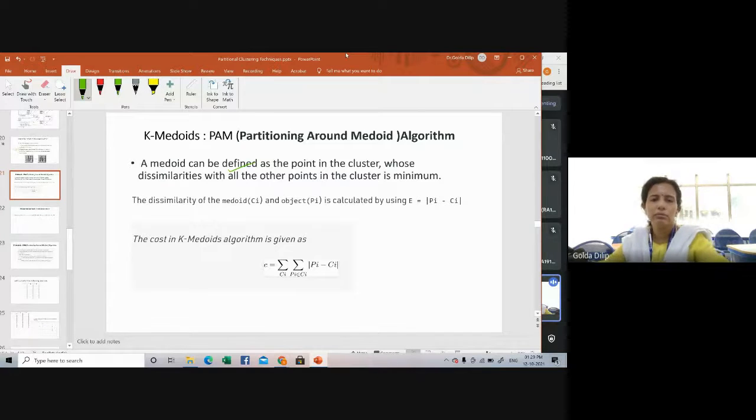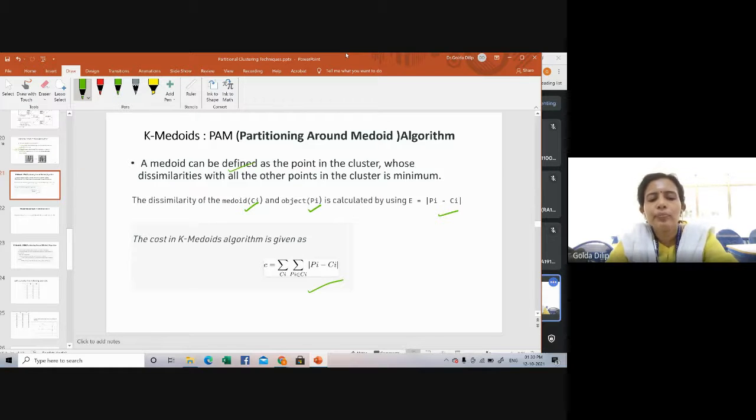The dissimilarity of the medoid, represented as Ci, and the object Pi is calculated using the equation absolute value of Pi minus Ci. And this is the equation for the cost of the k-medoids algorithm.